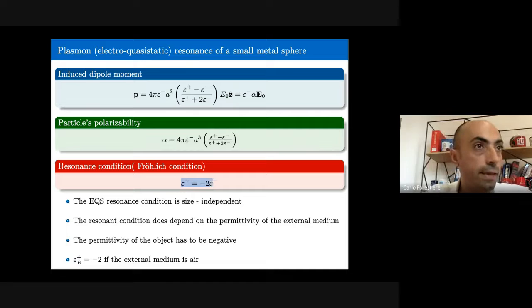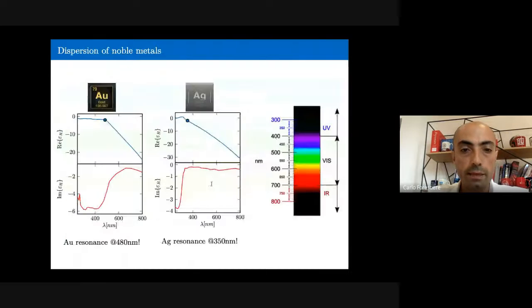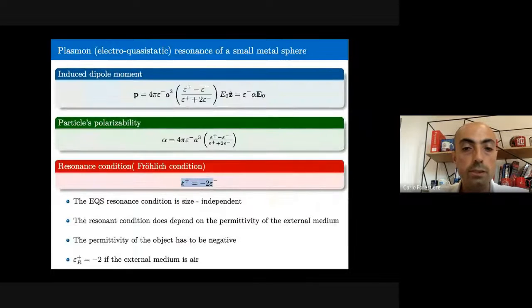We can make a sensor, because this resonance is dependent on the external medium. If the external medium is, for instance, air, this condition is verified when the relative permittivity of the sphere is equal to minus 2.